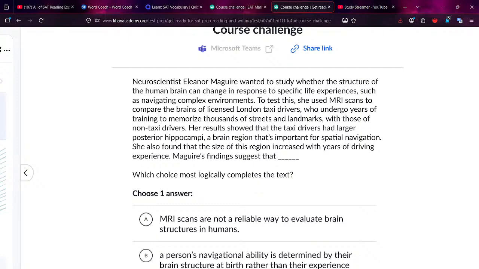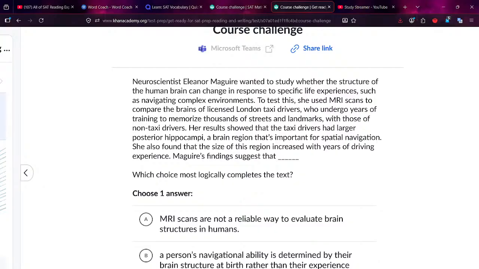So her results showed that taxi drivers had a larger posterior hippocampus, a brain region that's important for spatial navigation. So they're better at spatial navigation. She also found that the size of the region increased with the years of driving. So what does that mean?